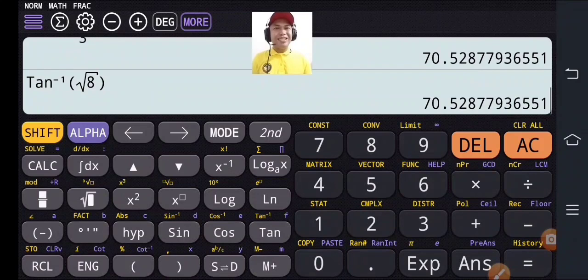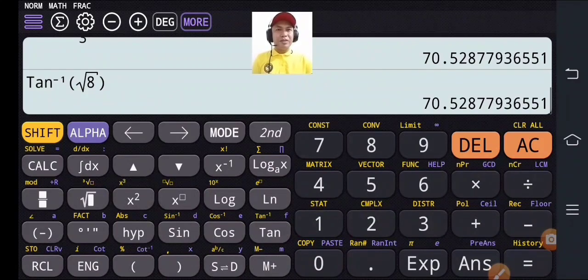So you can make use of any of the given functions in solving for the angle of the right triangle, or in solving for the acute angle of a right triangle.